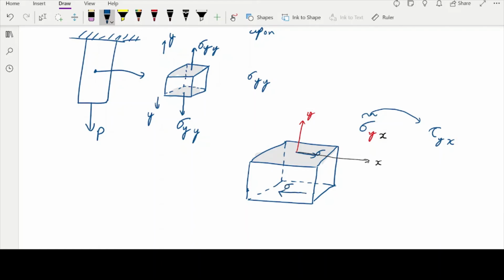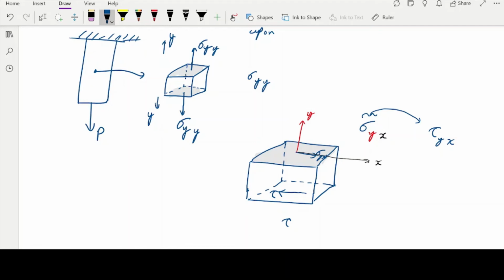This is also sigma yx, or better, we call it tau. So this tau is equal in magnitude, like this sigma yy and this sigma yy are equal in magnitude but opposite in direction.